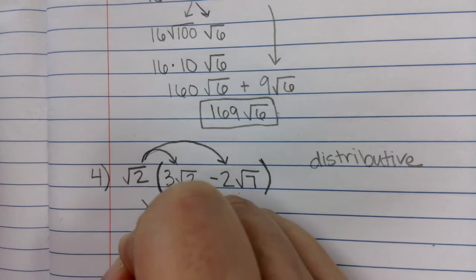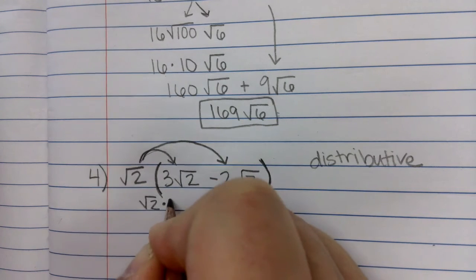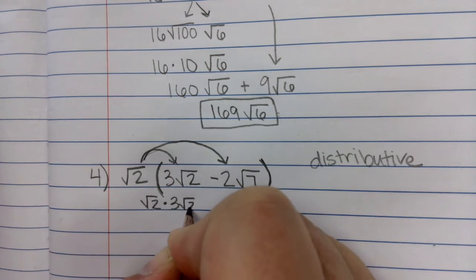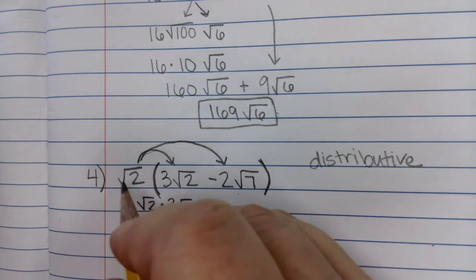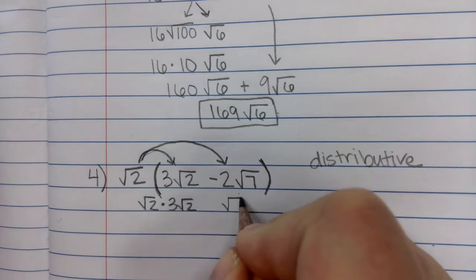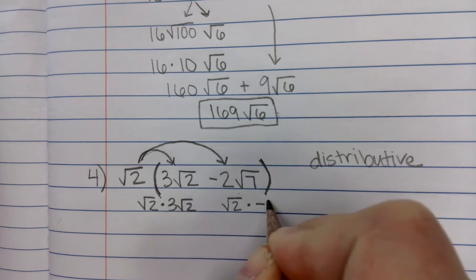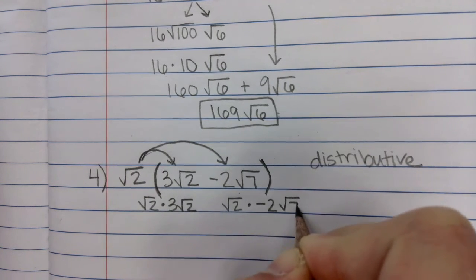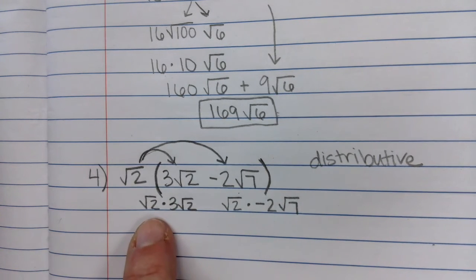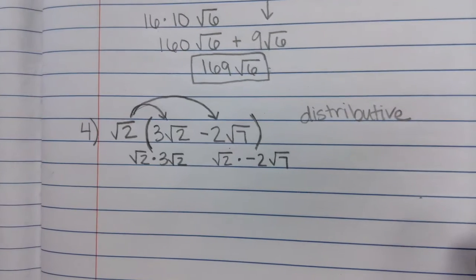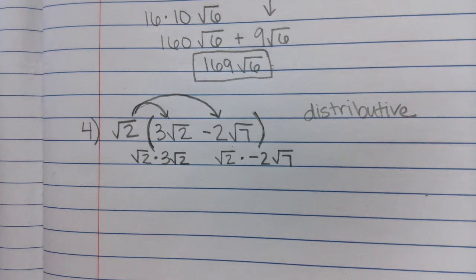Alright, so in this one, what will I multiply? Should I do 2 times the 3 or the 2 times the 2? Which ones are the similar parts? The 2's. So I'm going to do 2 times 2. And what is 2 times 2? 4. So this is 3 square root of 4.